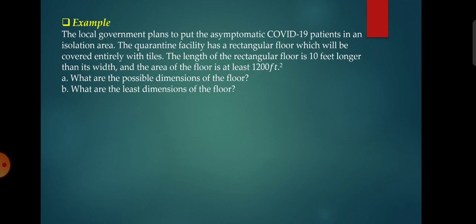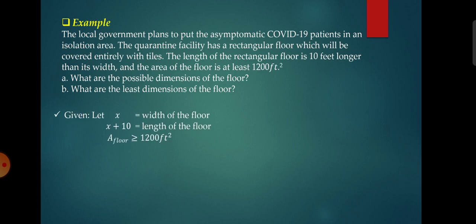The length of the rectangular floor is 10 feet longer than the width, and the area of the floor is at least 1,200 square foot. Question number 1. What are the possible dimensions of the floor? The second, what are the least dimensions of the floor?